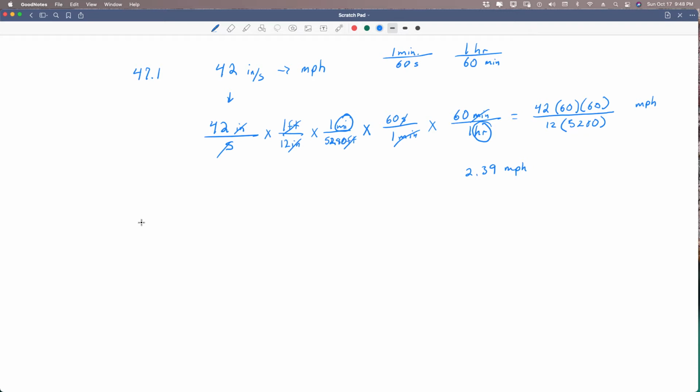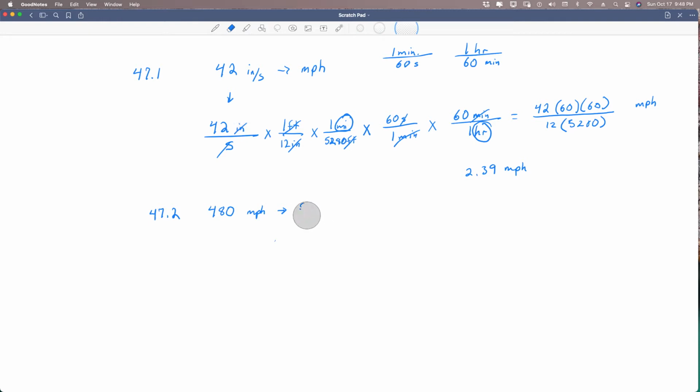So let's do another one, 47.2. We're going to convert 480 miles per hour to, I like to write the arrow, and convert that to feet per second.